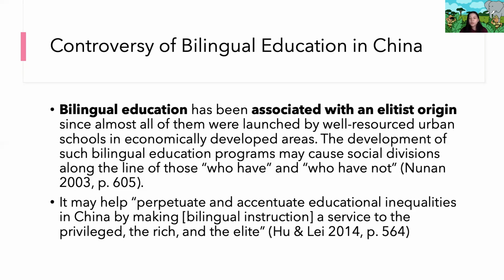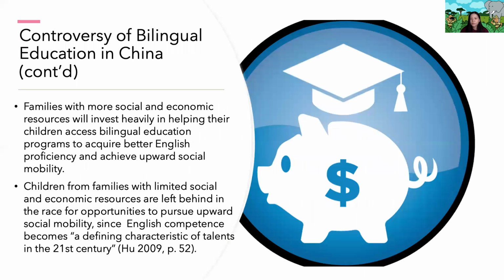Also, researchers stated that the implementation of the bilingual education program may even help to perpetuate educational inequities in China, by making bilingual instruction a service to the privileged, the rich, and the elite. I personally hope that won't happen.